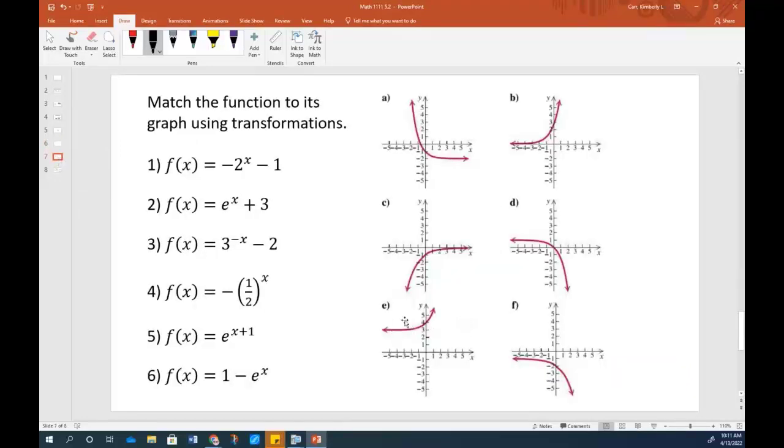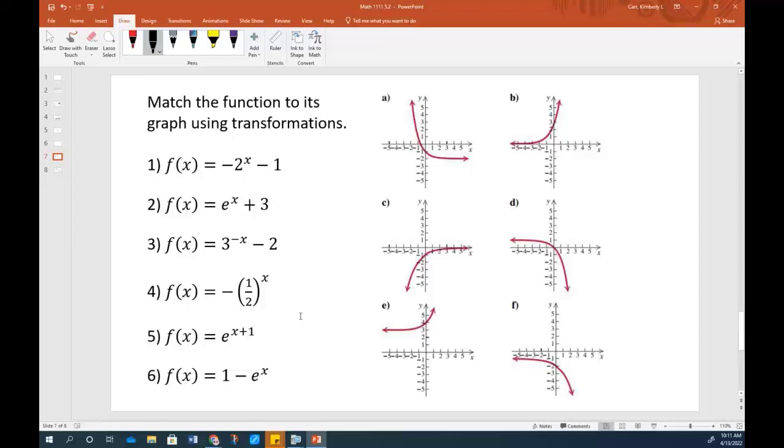So let's look at these, and when you are doing homework, if you have multiple choice, there are a lot of things you could do, but generally speaking, what you want to do is look at the equation long enough that you figure out where the asymptote is.